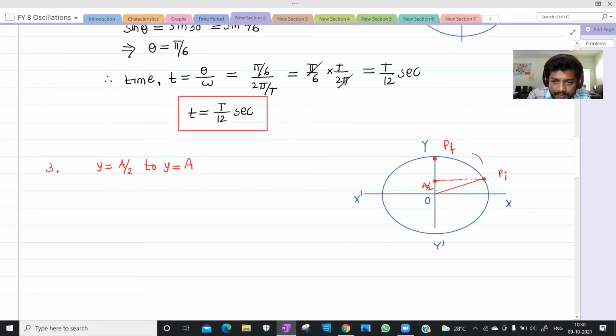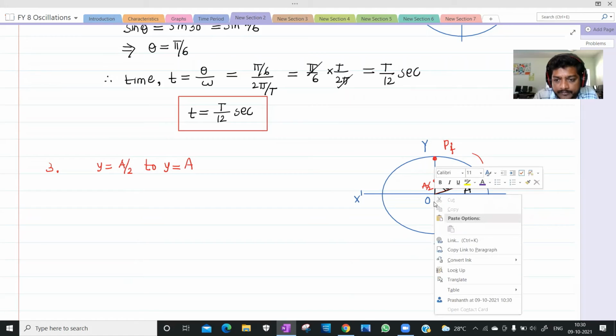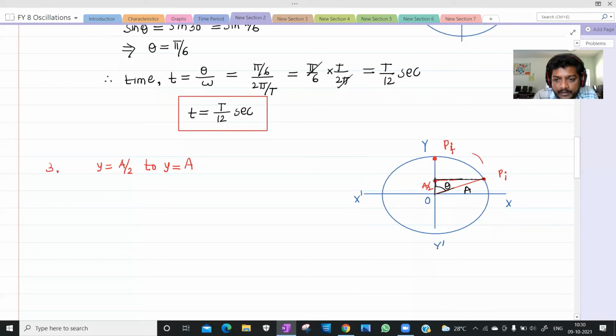This is your capital A, the radius, and this is A by 2.